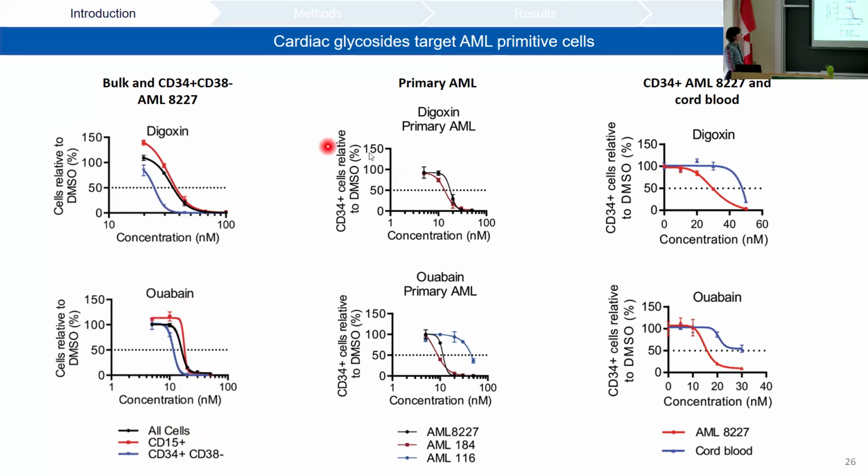They also found that the sensitivity of the cells to the drug was dependent on the genetic or epigenetic differences between the AMLs. And finally, tested in comparison to healthy cord blood, they found that both drugs were more toxic towards the AML LSCs than normal HSCs.